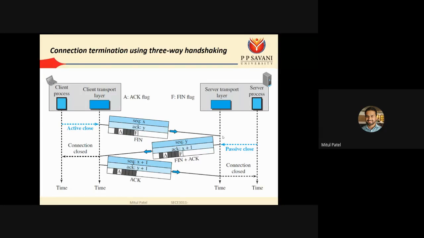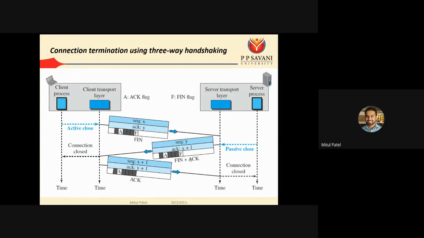So it will set the acknowledgement number X plus 1, since the sequence number was X. It also sends one packet whose sequence number is Y, and it will set the acknowledgement flag and finish flag. That means it is also a connection closing request from server to the client, as well as the acknowledgement for this finish packet.